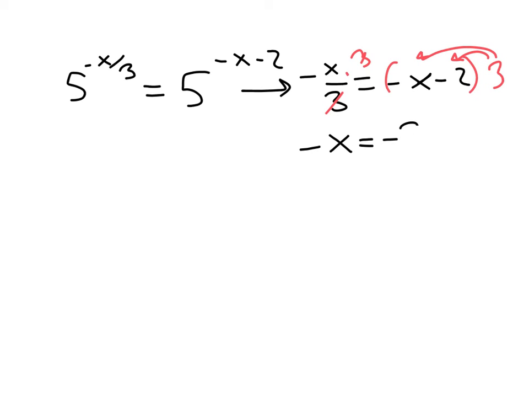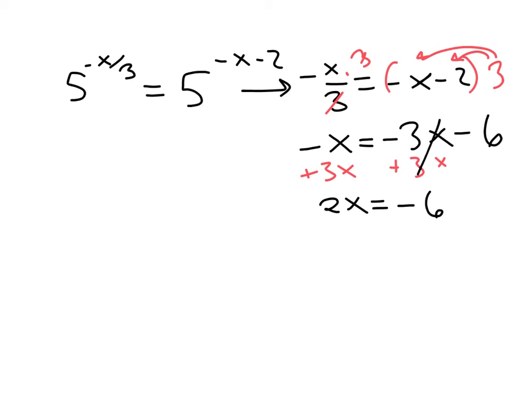Distribute the 3 on the right side and you have negative 3x minus 6. Now combine the x's. So you have positive 2x equals negative 6, and divide both sides by 2. x equals negative 3.